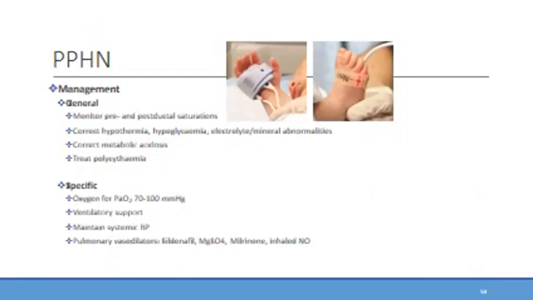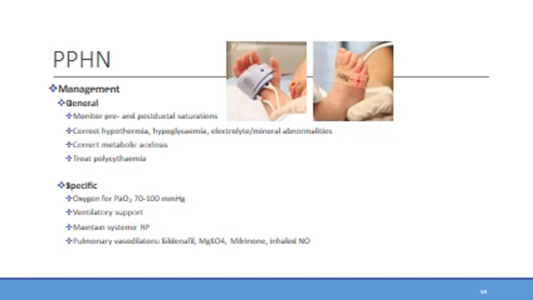The clinical features of a baby with persistent pulmonary hypertension of the newborn depends on the underlying cause. Affected babies usually present with severe hypoxia and signs of respiratory distress. When considering the management of a baby with pulmonary hypertension, one should focus one's efforts towards treating the underlying cause.